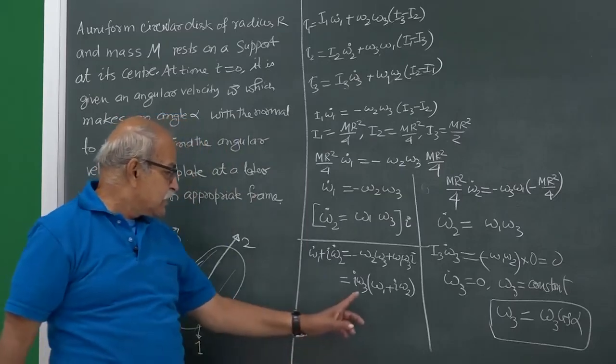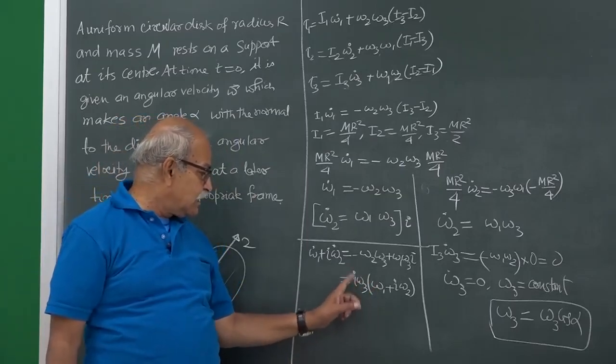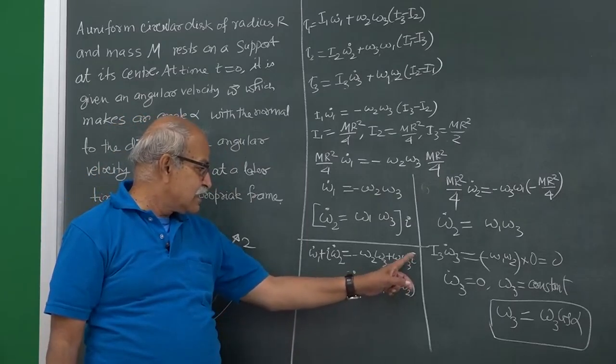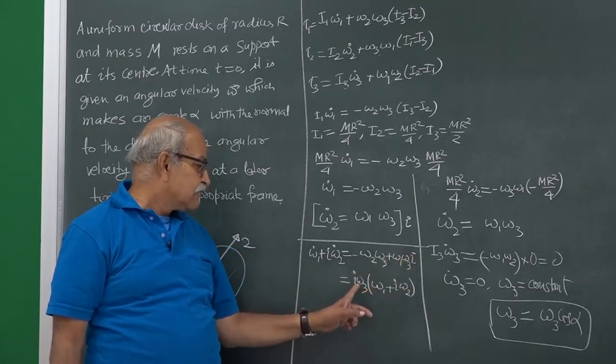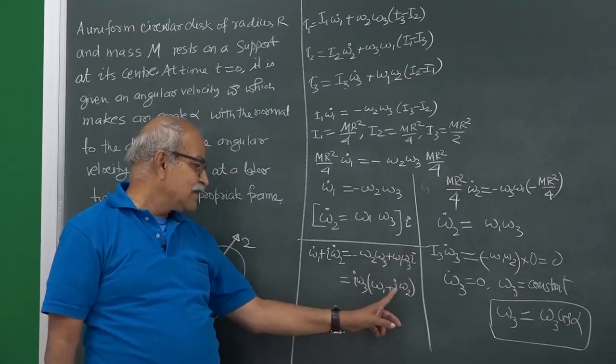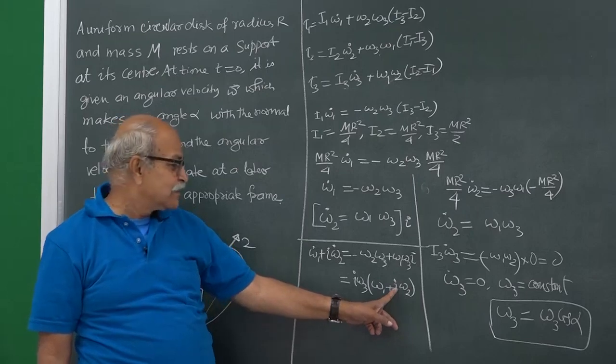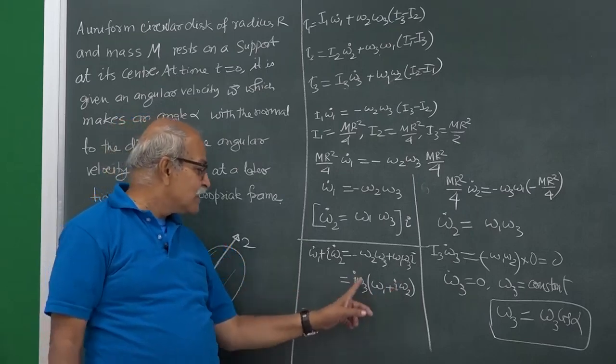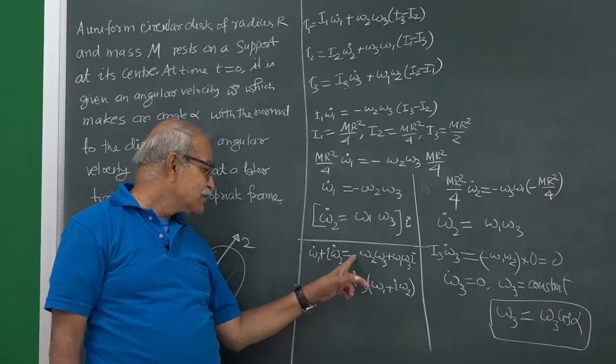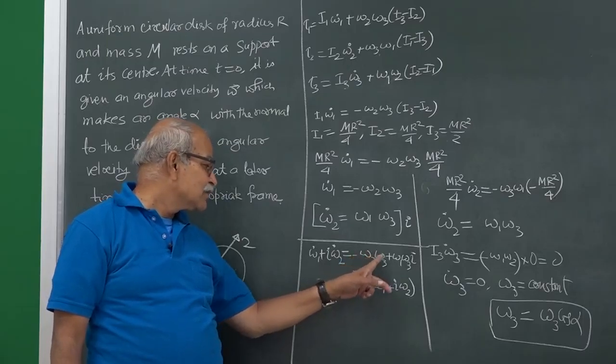You can check. When I multiply this, I get i omega 3 omega 1, which is here. When I multiply this, i into i is i square, that is minus 1, and then omega 3 into omega 2. So, here is minus 1 and here is omega 2 into omega 3.